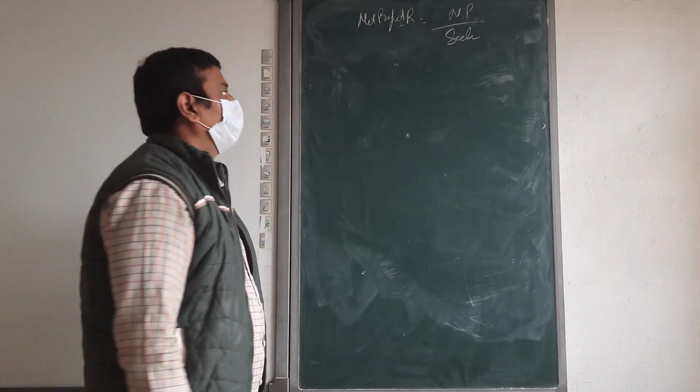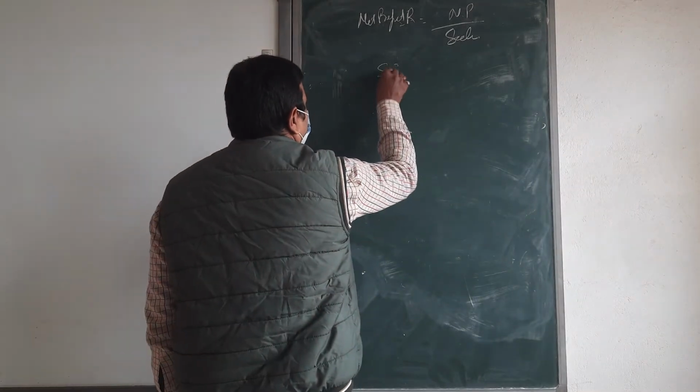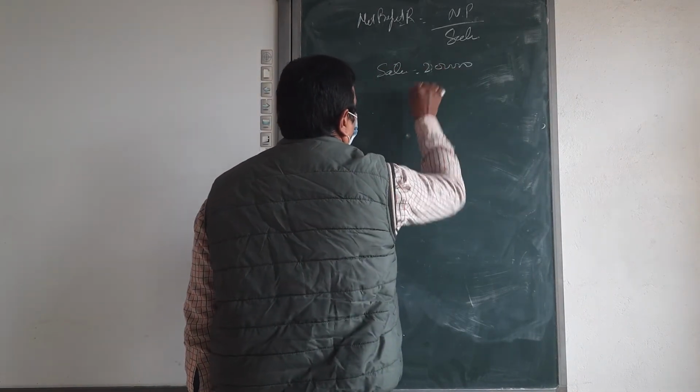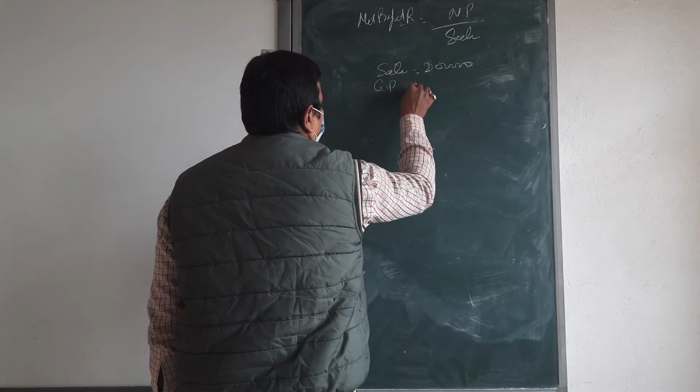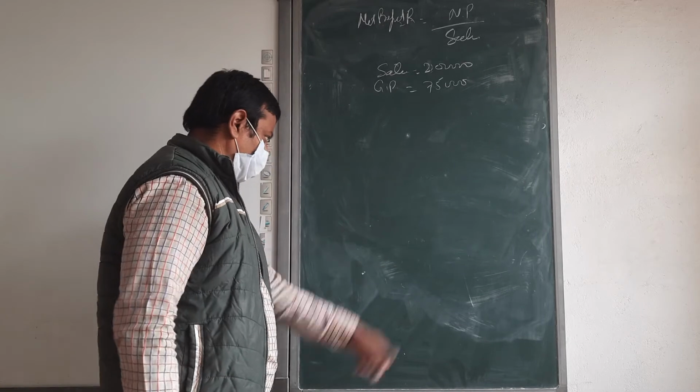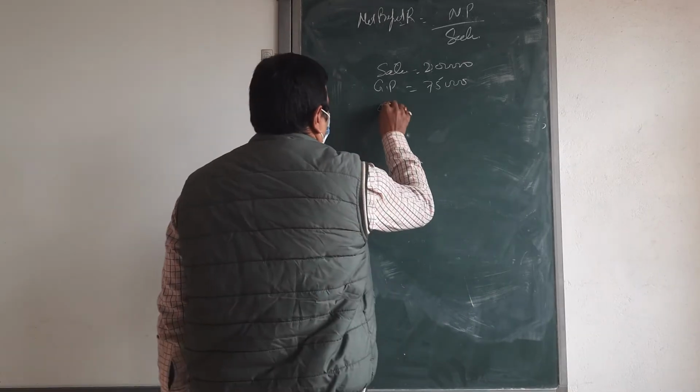First, revenue from operation 2 lakh. It means sales 2 lakh, beta. Okay. Gross profit 75,000. Office expenses 15,000.